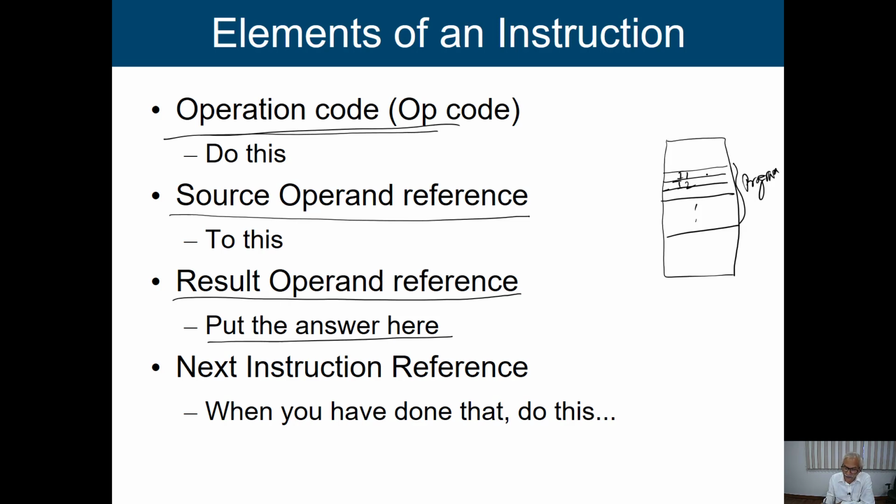When you have done that, do this. So this is your next instruction reference. Already we have seen that in many cases, while designing our instruction, this is implicit. In general, if I bring an instruction from memory location mi, then the next instruction will be available in mi plus 1.